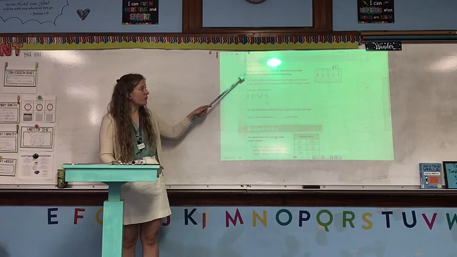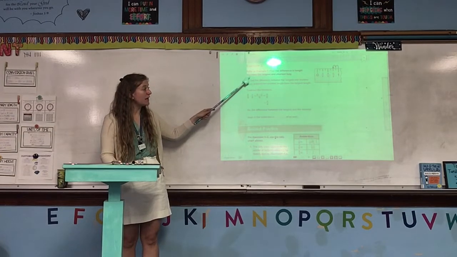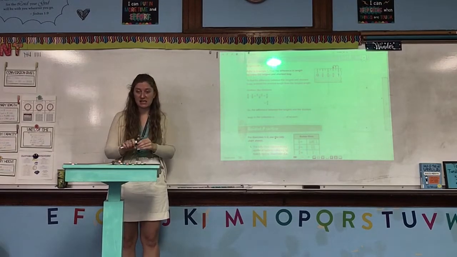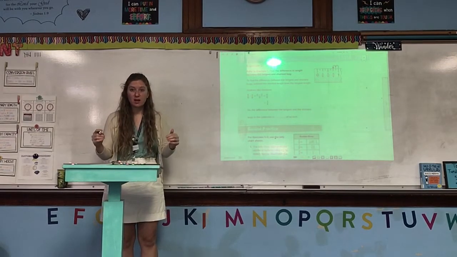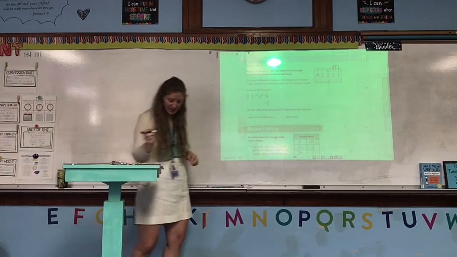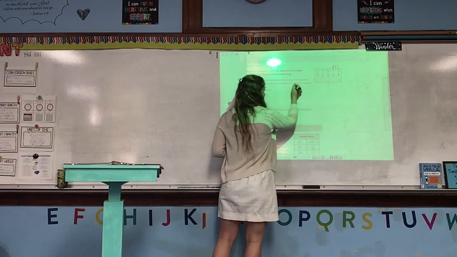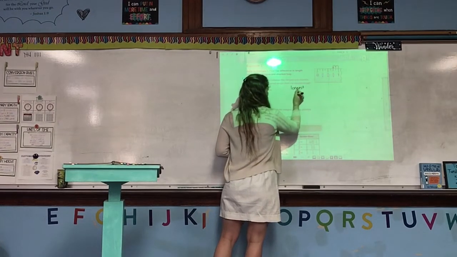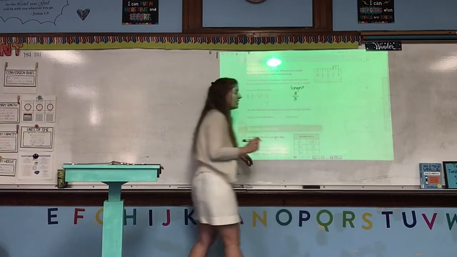It says, refer to example 1. Find the difference in length between the longest and the shortest bug. So what that means is we're going back to the chart and we are finding the length of the longest bug, which in example 1 was 8/8. So the longest bug was 8/8 of an inch.